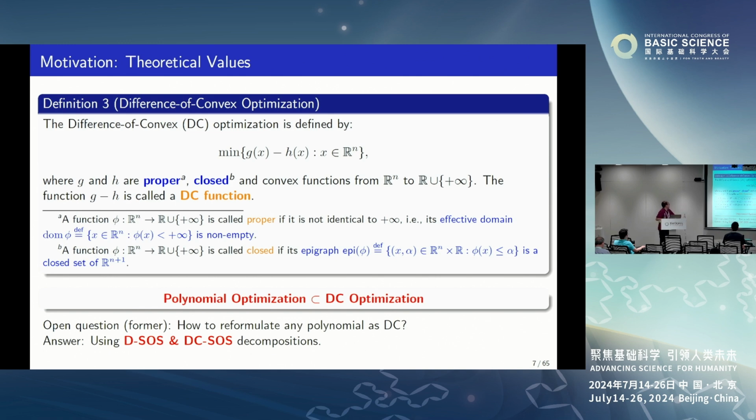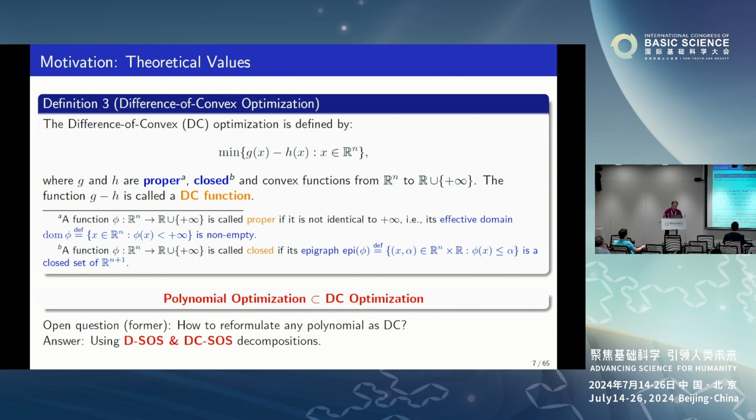Of course, the formal definition is more complicated; the convex function should be proper, closed, and so on. But practically speaking, you can understand that a real-valued convex function is okay. But in fact, this convex function can take infinite values on some part.